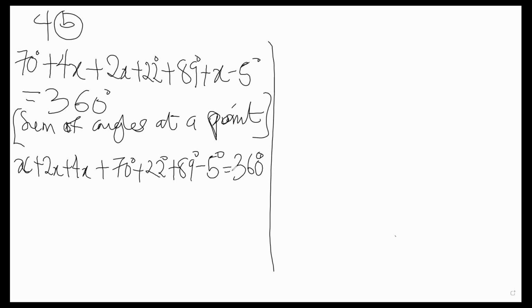The addition of x plus 2x plus 4x is 7x.